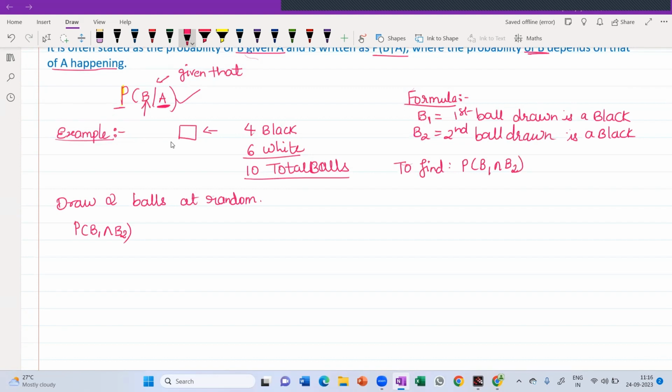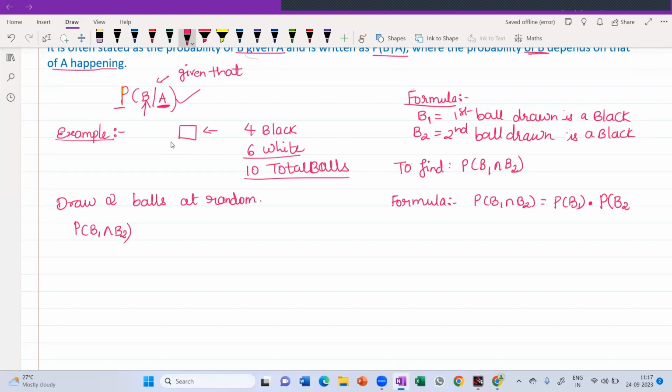So how am I going to find this? I have to find the probability of B1 intersection with B2. First, we are going to find the probability of drawing the first ball as a black ball, into, since intersection is there, the operation will be multiplication, the probability of the second ball as a black ball.